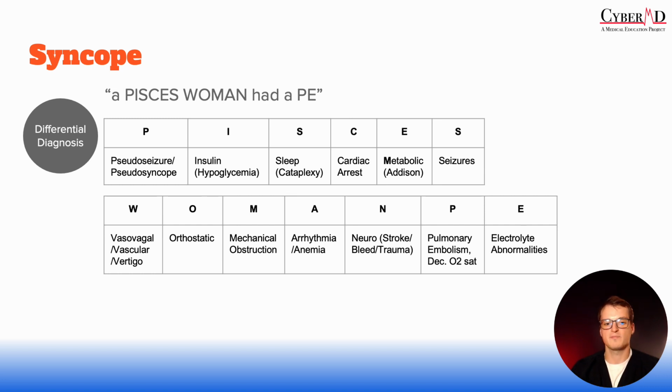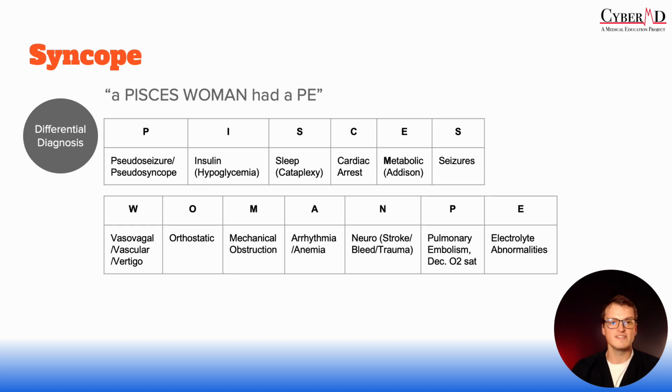Those hemorrhages can expand and cause us to have a syncopal episode. Then we have pulmonary embolism, which also reminds us about decreased O2 sats. Other things that cause decreased O2 sats can cause syncope, and pulmonary embolism can cause a syncope as well. And then the last E in PE is electrolytes. Severe electrolyte derangements can also cause syncopal events.